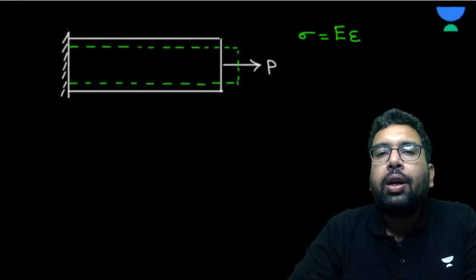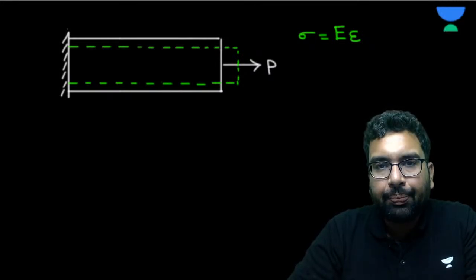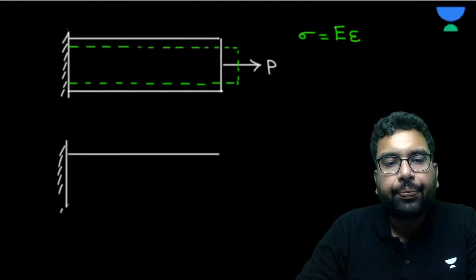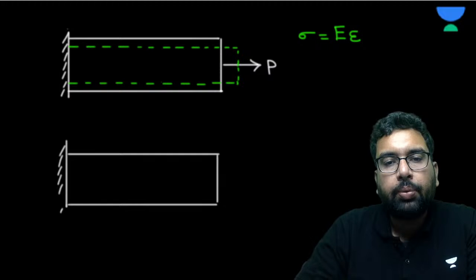So if on a body this load is applied like this, and you try to visualize this in 3 dimensions, it is going to be somewhat like this.